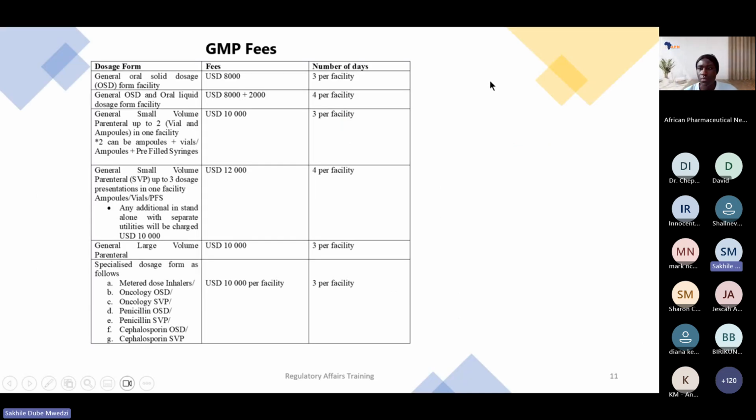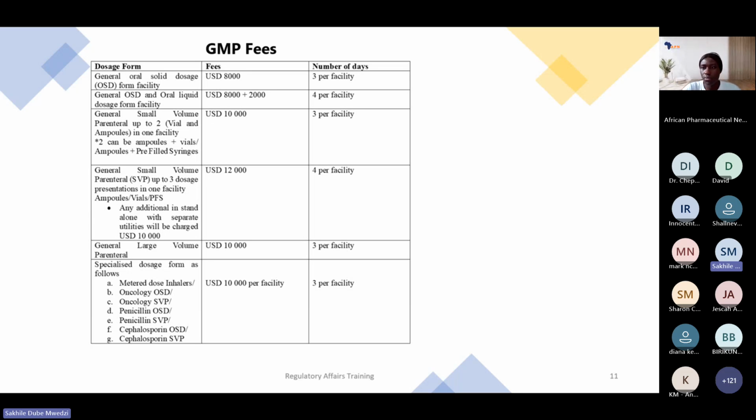So they're a little bit complex, but basically the base fee would be $8,000 for a facility that does oral solid dosage forms. And the algorithm is based on the amount of time and energy that would be required to inspect that facility. So that is a function of the number of days that the facility is actually being inspected. And it is also a function of the complexity of the product.